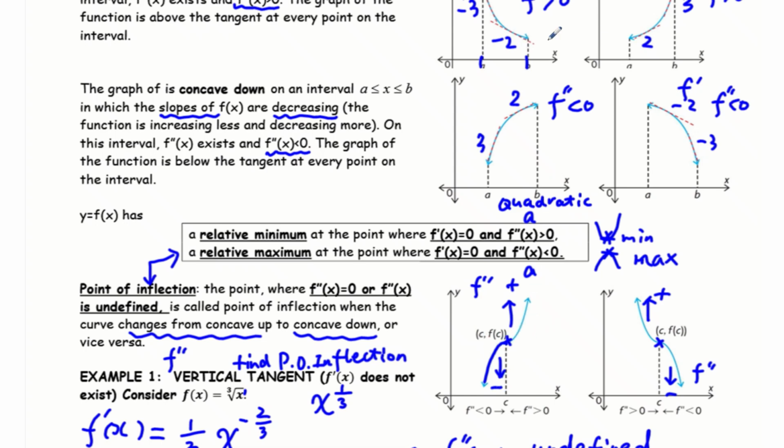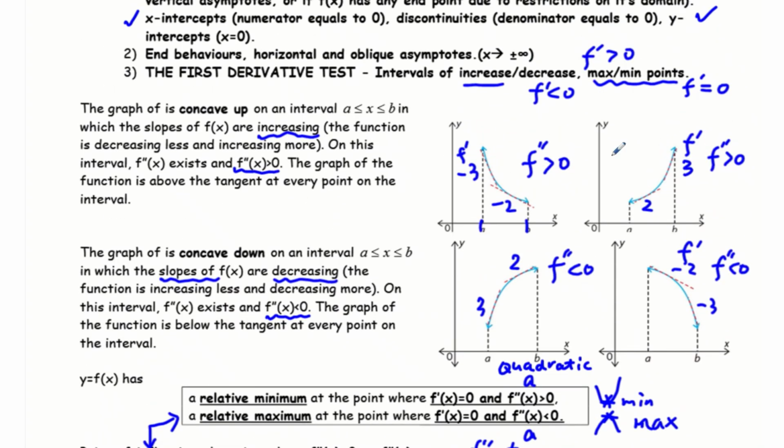This one doesn't change the sign, both are positive, and here it is 0, so it is a local maximum or minimum. If the sign changes at this point, we call this point a point of inflection. The definition of a point of inflection is f double prime equals 0 or doesn't exist, but the left side and right side must change the sign. If it didn't change the sign, then it will be either concave up or concave down.